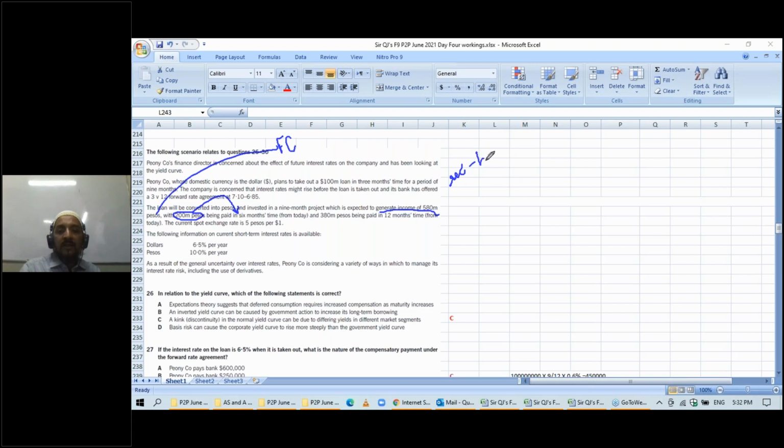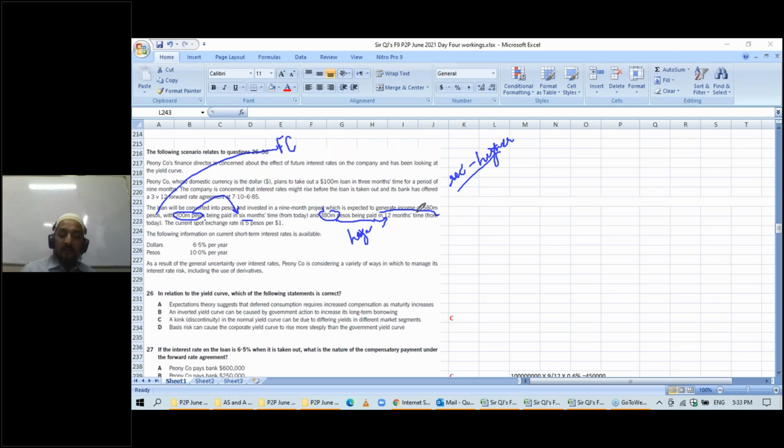As these are received, higher rate should be used. Now the second payment out of 580, which is of 380, will be received in 12 months time. So two hedges are to be set. One hedge will be for 12 months and the second hedge is required for 6 months.